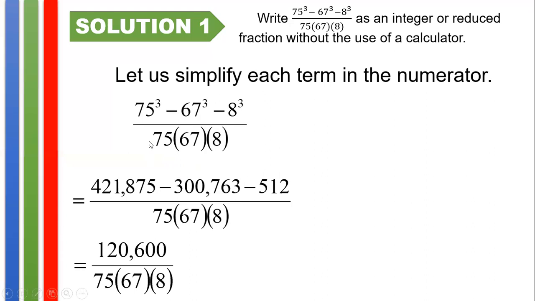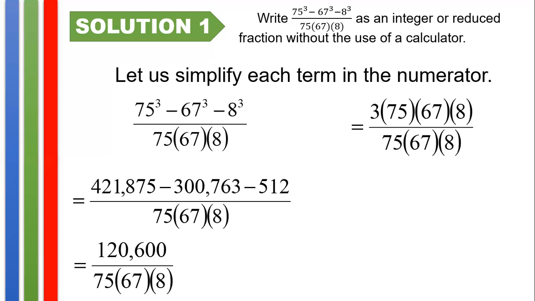And if we simplify 75 cube minus 67 cube minus 8 cube by doing this, you can verify with your calculators that you have 120,600 all over the product of 75, 67, and 8. With such, you could actually verify that 120,600 could be expressed as the product of 3, 75, 67, and 8.